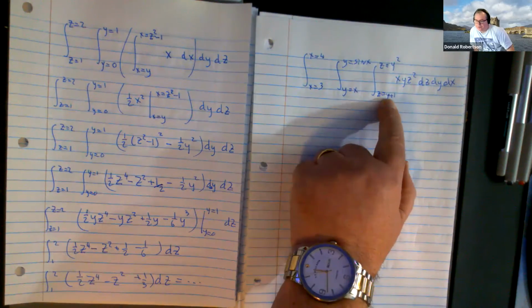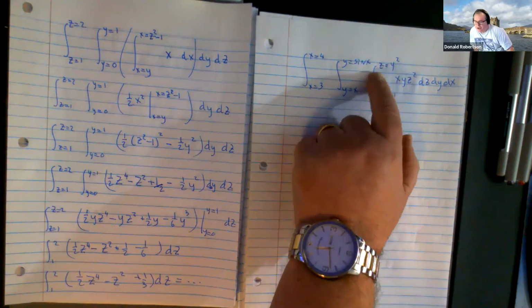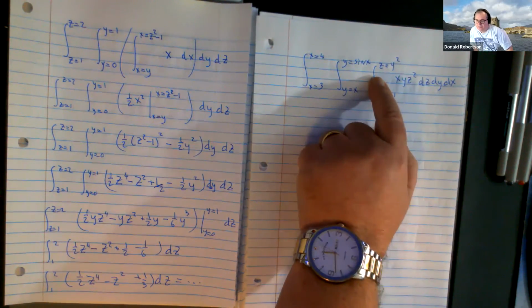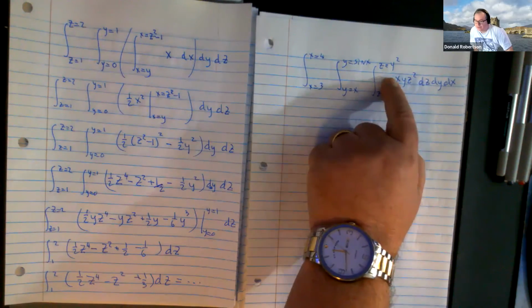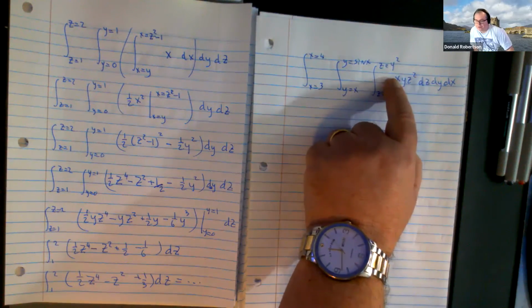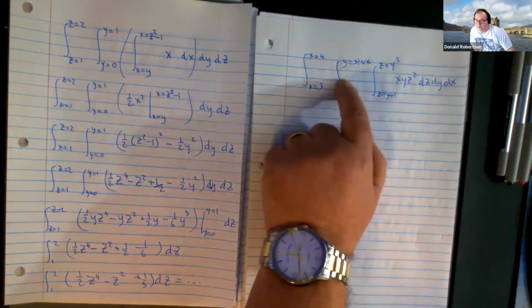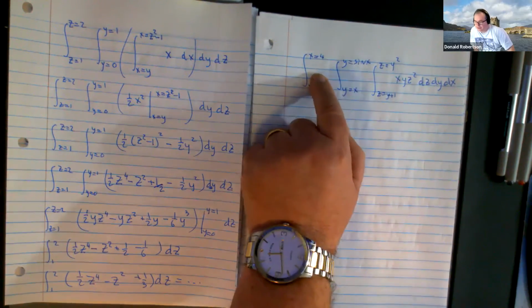Z is going from this y value to that y value. Now, when we integrate this, can you imagine that the z's will disappear, so you'll have just x's and y's jumbled up. When you do this, won't the y's disappear, but you'll have some function in x. And then when you do this, you're good to go.